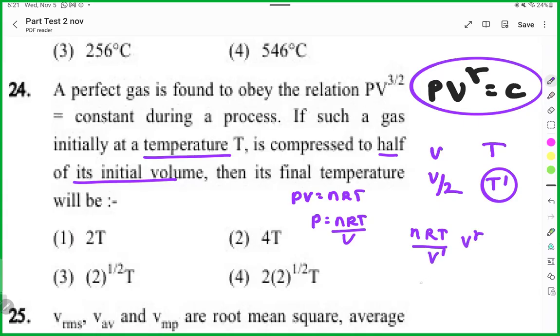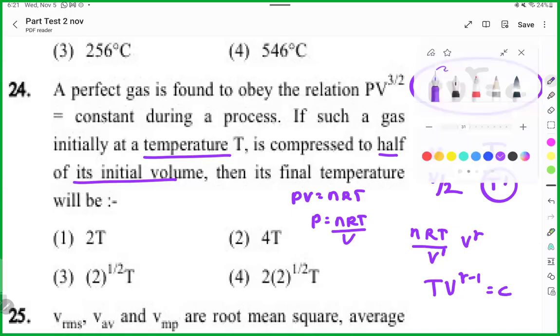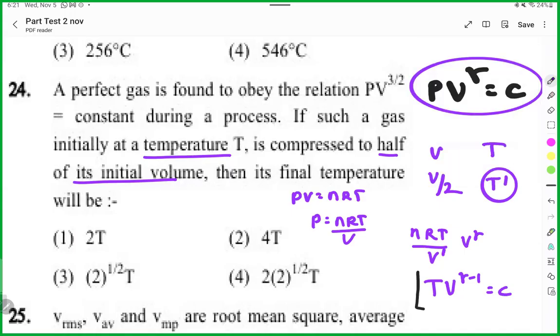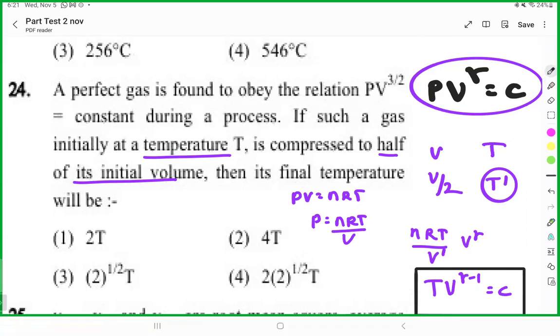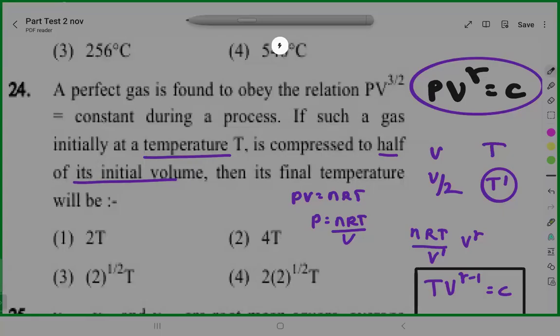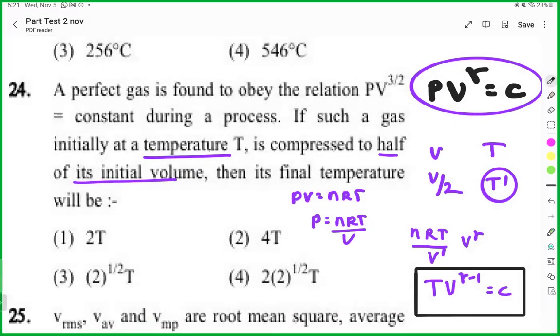This is 1, so it will go up. So can you say TV gamma minus 1 is equal to constant? Correct? Now you have to solve and tell me the answer, all 4 of you. And Arpit, you will tell me in the end. सबसे आखिर में बताओगे तुम.